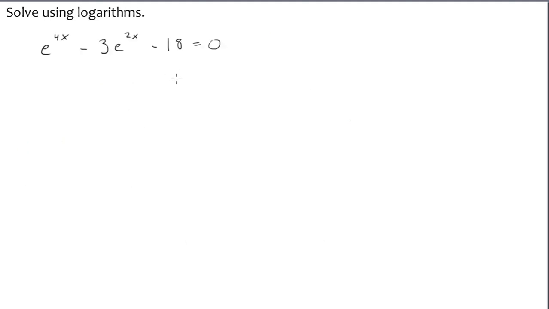Okay, I've got one last little question for us here, and this is a really tricky one because we have e to the 4x minus 3 e to the 2x minus 18 equals 0. And if we take a logarithm of this as is, we'd have the log of this exponential stuff, right? So we'd have ln of e to the 4x minus 3e to the 2x equals ln 18.